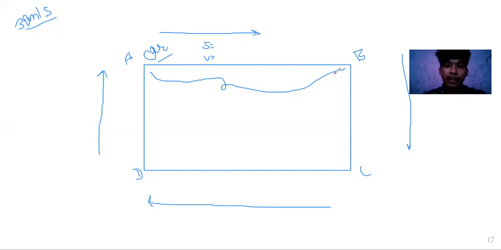And we know the shortest distance is called displacement, which is a straight line from A to B.